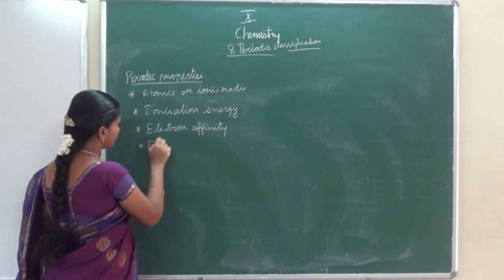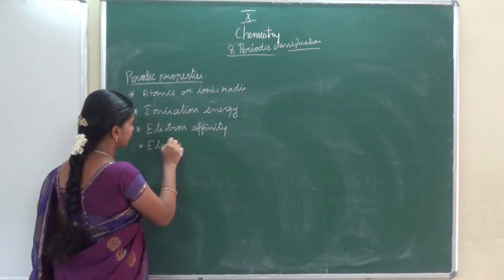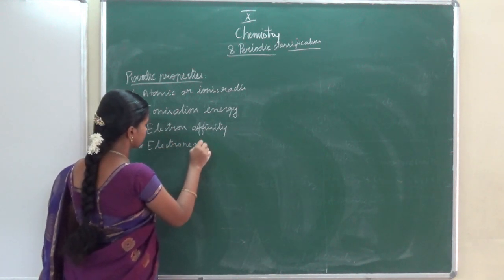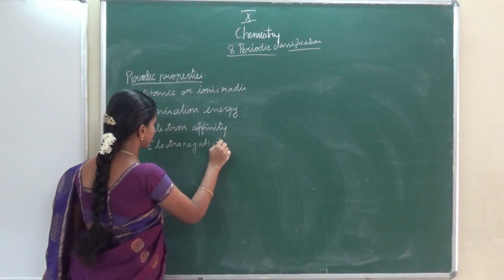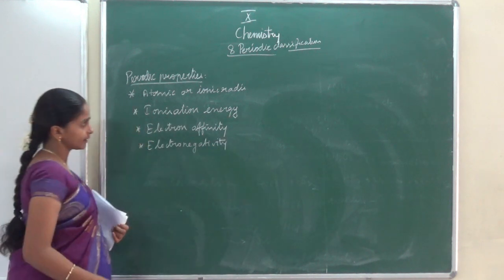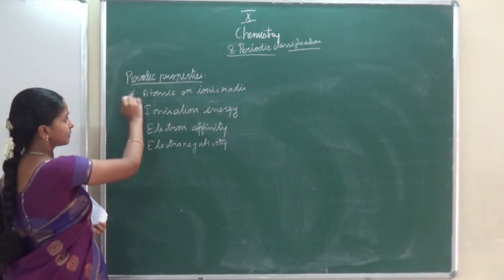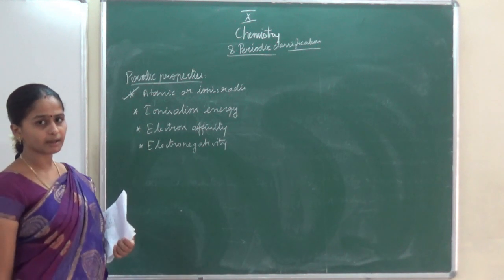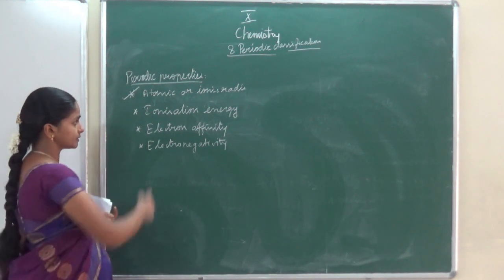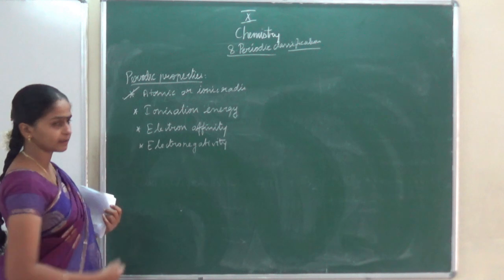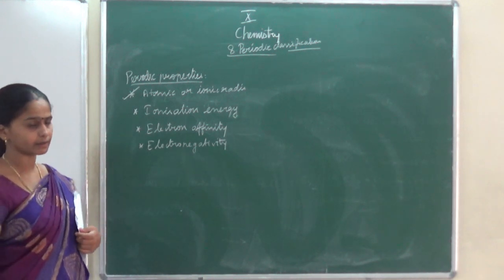Next one, electronegativity. In last class we have discussed about atomic and ionic radii. Now we are going to see ionization energy, electron affinity and electronegativity.